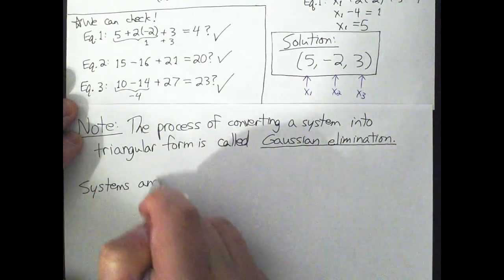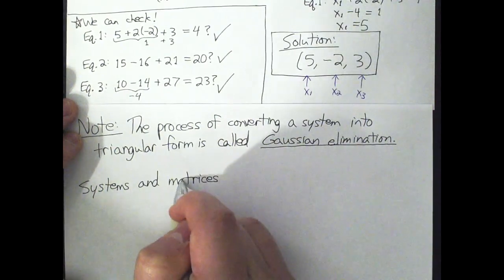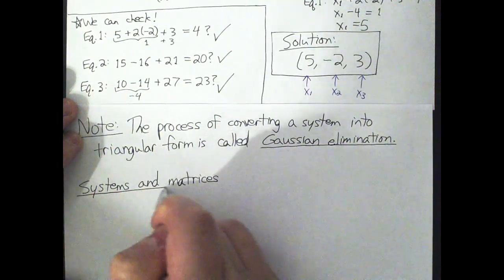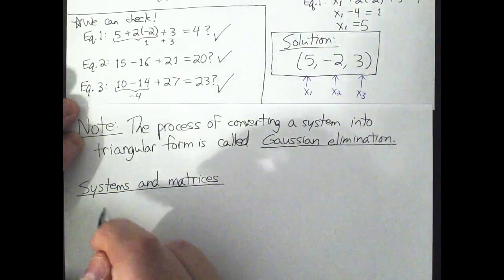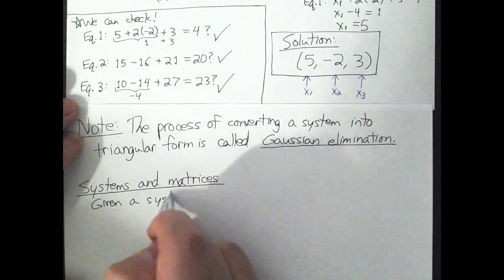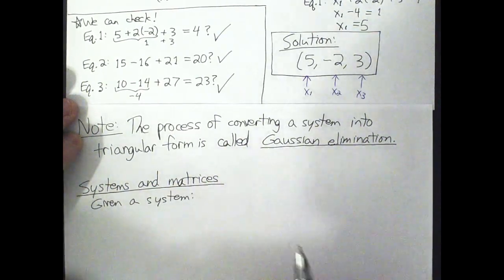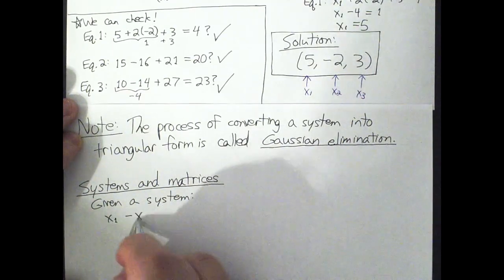Next, we want to talk about systems and matrices. Matrices, well, we haven't used that word yet in this class, but matrices are another big topic of linear algebra. So I'm going to start by saying if we are given a system, all right, let's have an example system to work with.